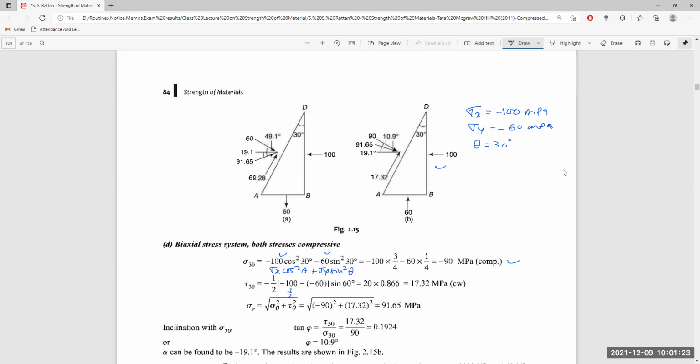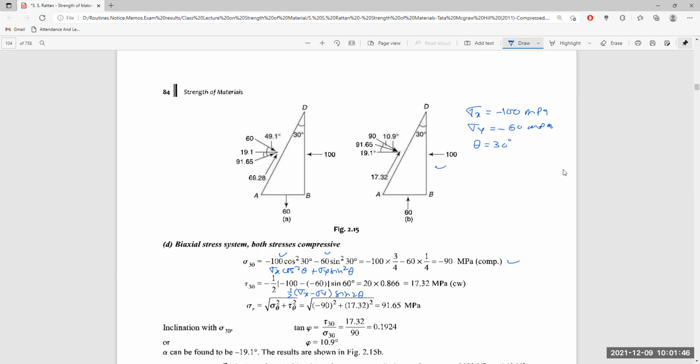Putting sigma x as minus 100 and sigma y as minus 60, it becomes half into sin 60.